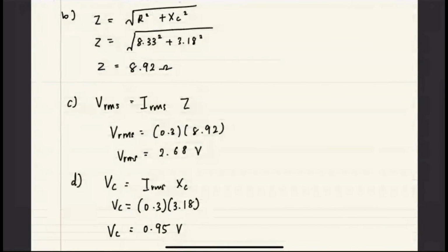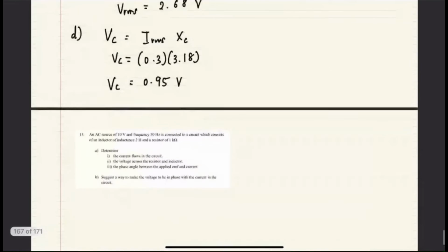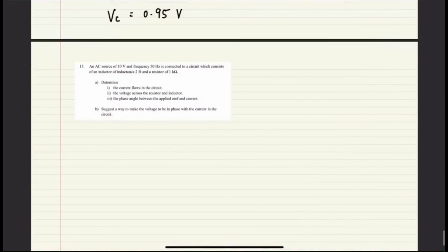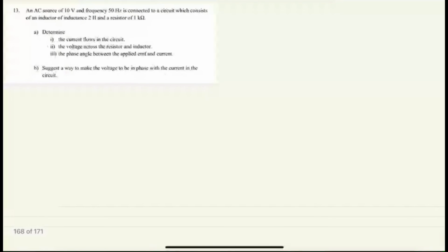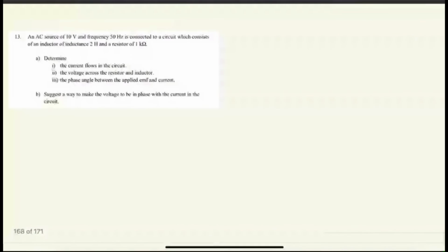No questions? Okay, we can do one more, the last. Try to do question 13. An AC source of 10 volt, frequency 50 Hz, is connected to a circuit which consists of an inductor and a resistor. I haven't drawn the circuit yet.